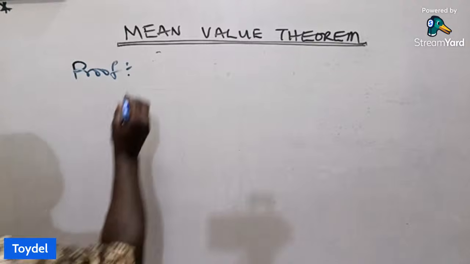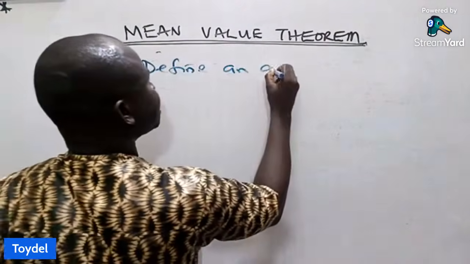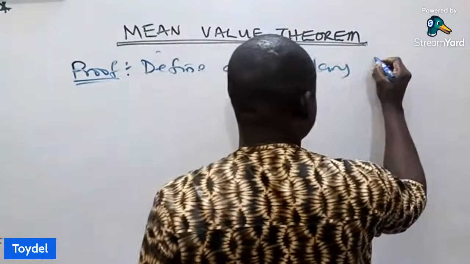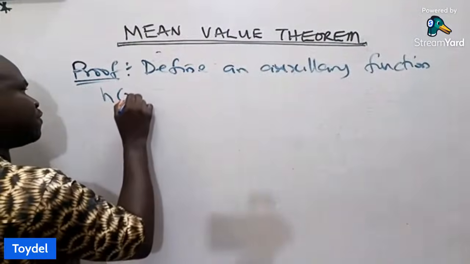Under the proof, we are going to define an auxiliary function, call it h of x.